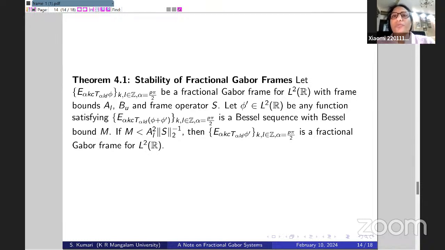In this manner, the next theorem for stability of fractional Gabor frames is given.